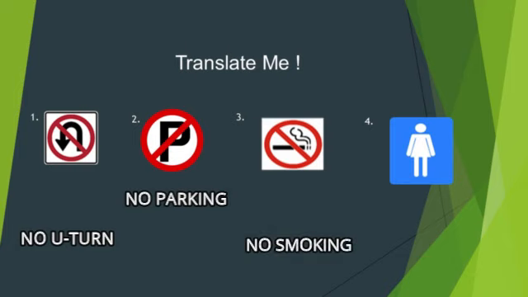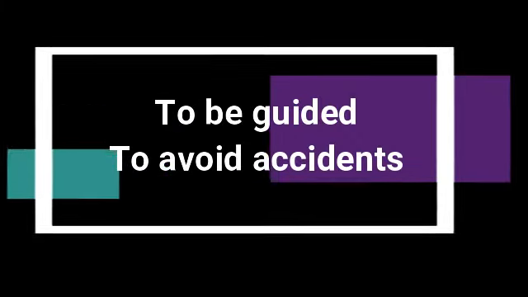And number 4, comfort room. Did you get the correct answers? That's great. Why do you think it is necessary to put these signs on the side of the streets or highways and establishments? Yes, for us to be guided and to avoid accidents.